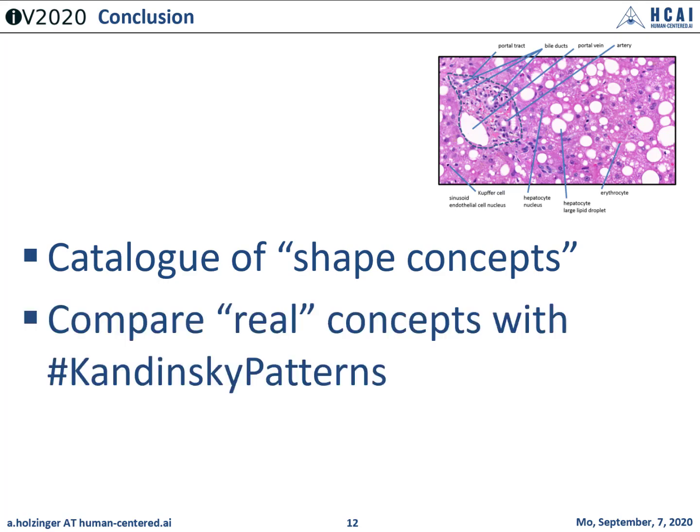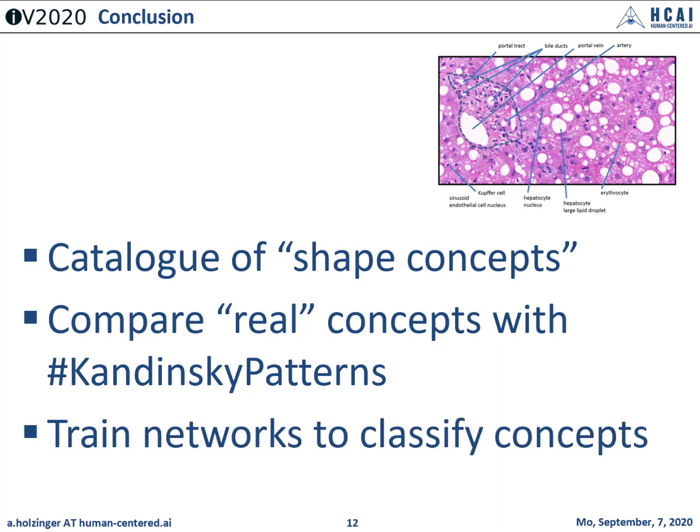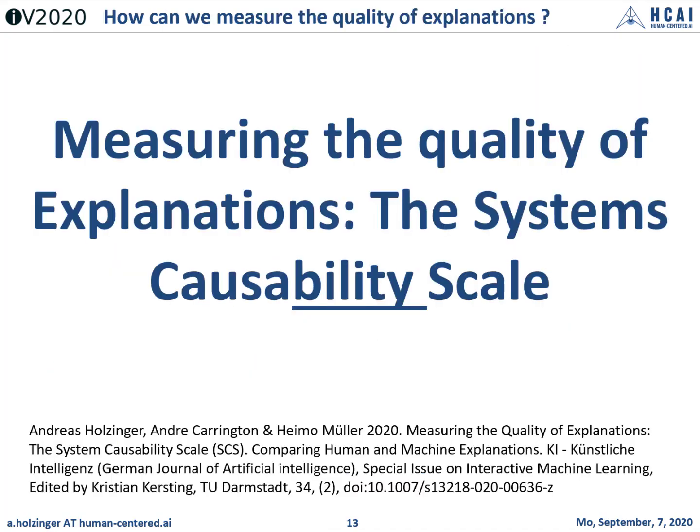So, with the help of our KandinskyPatterns exploration environment, we can generate large training sets of shape patterns together with natural language and annotations. And this can be used for training networks to classify various concepts.